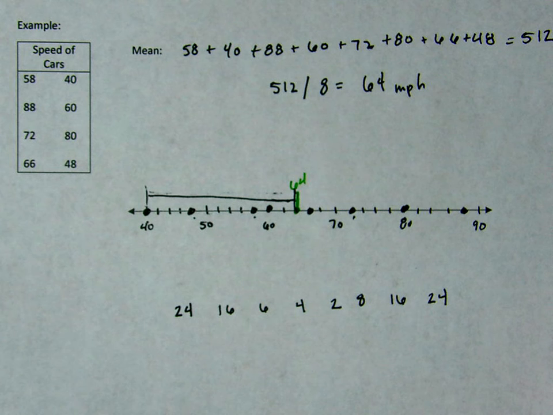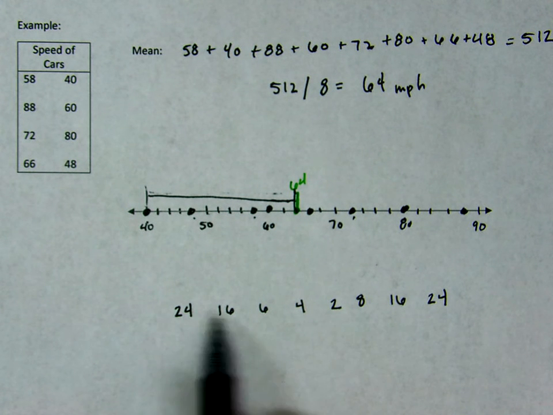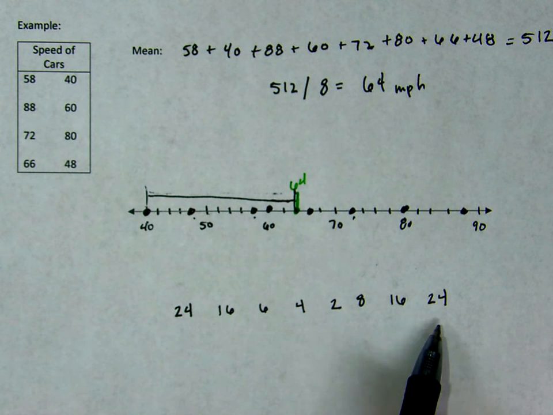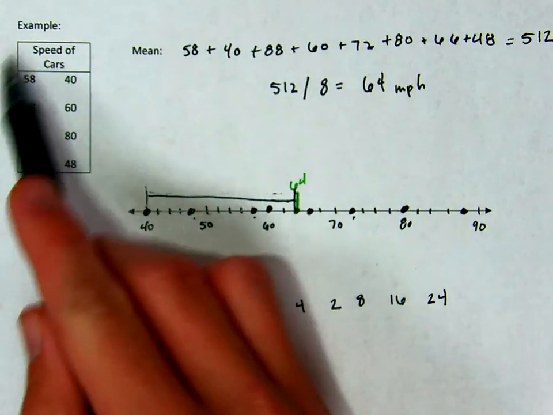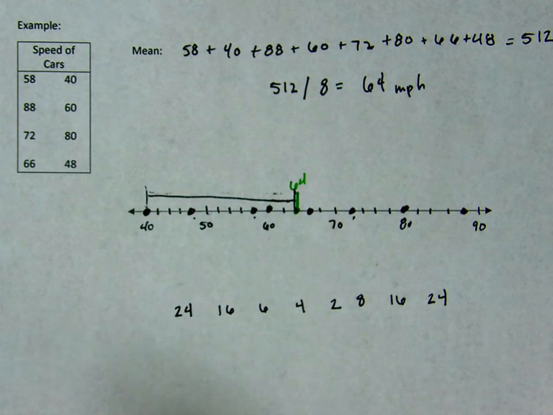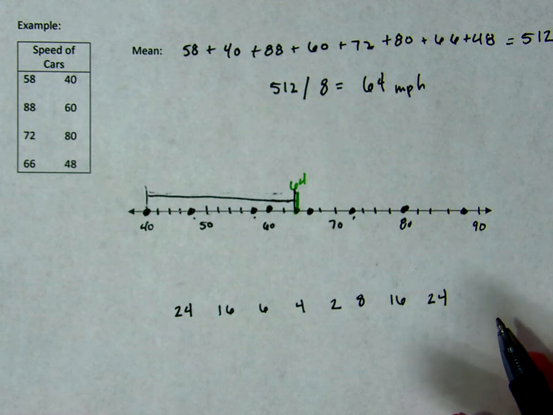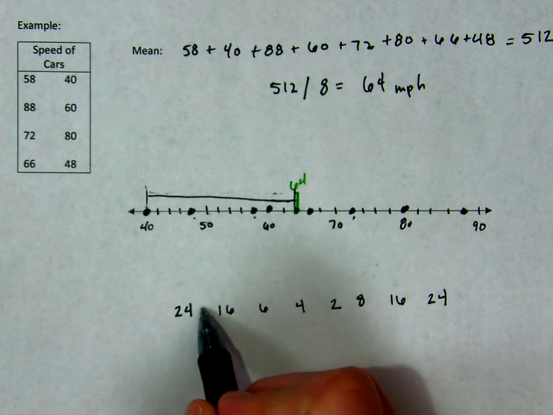So to find the average distance, you're going to add up all the differences between the speeds of our cars and the mean. So what I'm going to do is find the average of the distances.